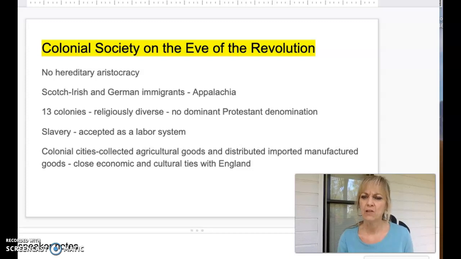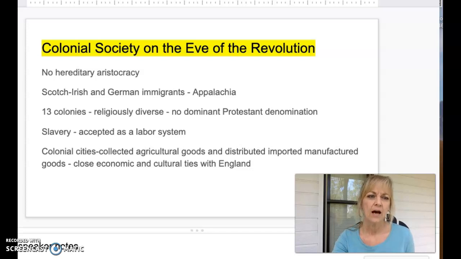But a lot of them are going to move into the Appalachia area, move a little bit further. The 13 colonies were religiously diverse. You can go back, remember we did a chart where we compared all the southern, middle, and New England colonies, and there's tons of videos out there comparing the different regions of the colonies that I would suggest you go back and watch.